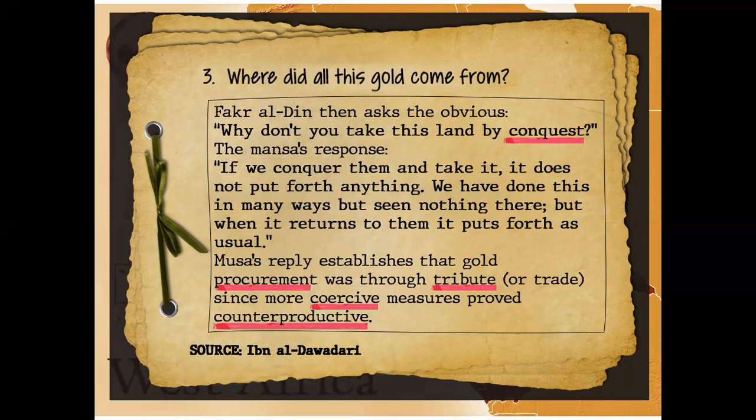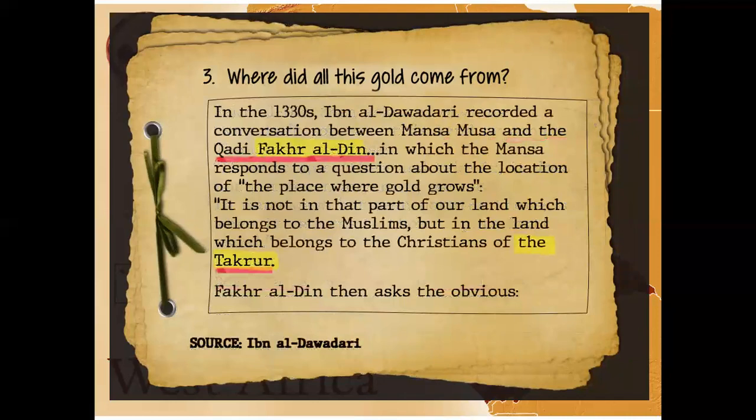If we put this into our own words, we understand that our source, which was Ibn al-Dawadari, is recording, for history's sake, a conversation that took place, according to him, between Qadi Fakhr al-Din and the Mansa. We know if we looked up the word Qadi, that is a judge or jurist, right? We may not know specifically who Fakhr al-Din is.